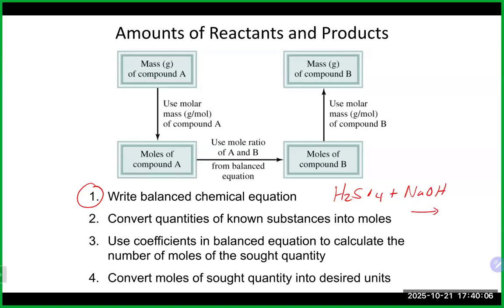When you do that, you want to get the correct formulas first and not worry about the balancing, and then come back and balance. So when you're trying to predict your products, we want to think of the basic units of each of these, the basic ions, and put them together properly, just like you were doing nomenclature.